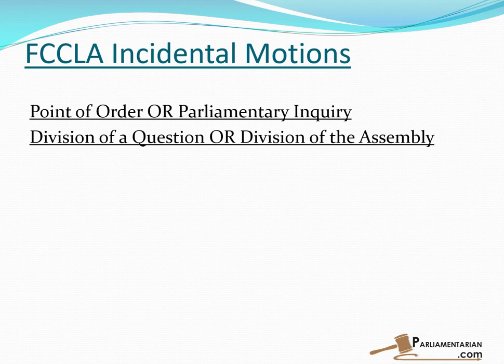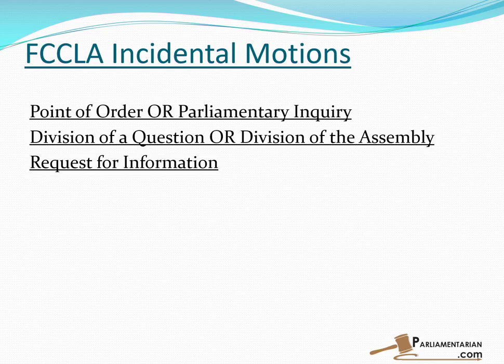Now, in this case, the division of the assembly is super simple. The division of a question isn't rocket science. It certainly could be done, and you could demonstrate it. But you could get full points for a division of the assembly, and so why bother? So anyway, that's just a little suggestion. And then a request for information is another one.